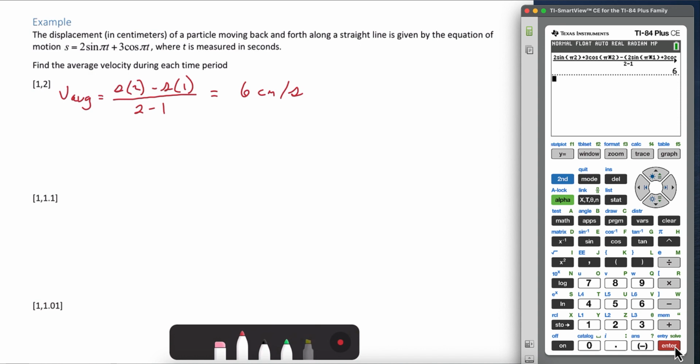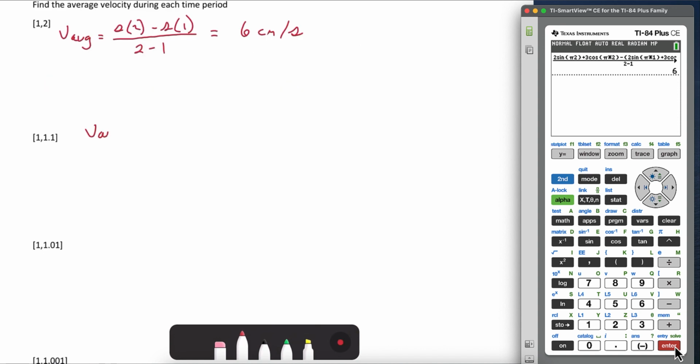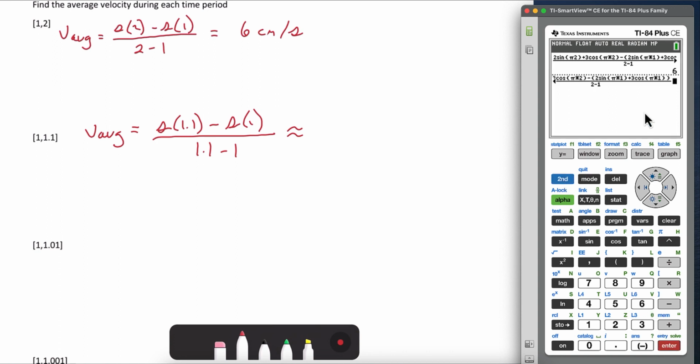In our next example, we're looking at the average velocity of s of 1.1 minus s of 1, all divided by 1.1 minus 1. Since the previous command is already in the calculator, I'm going to use the second enter function to bring up the previous command.